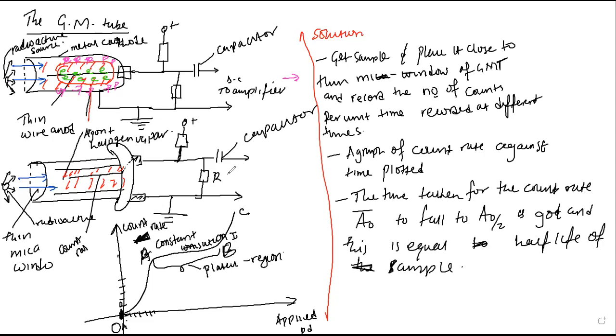So when secondary ionization takes place, we shall have an increment in the count rate, or an increment in the ionizing current that could be produced. So that is the graph I wanted to share with you, which talks about the GM tube.